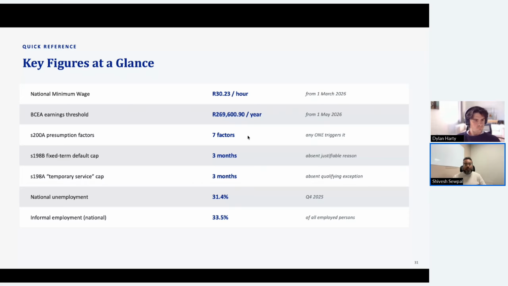Fixed-term default cap under section 198B, 3 months, unless there is a justifiable reason. Temporary employment service, temporary service cap under section 198A, 3 months, unless a valid exception applies. If attendees leave today remembering only these numbers and concepts, they will already be far better equipped to identify risk.